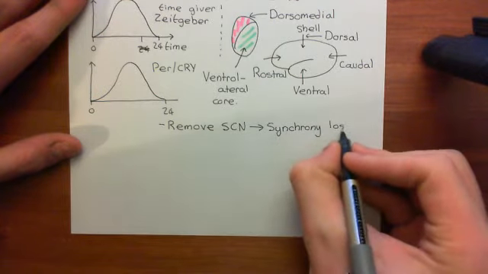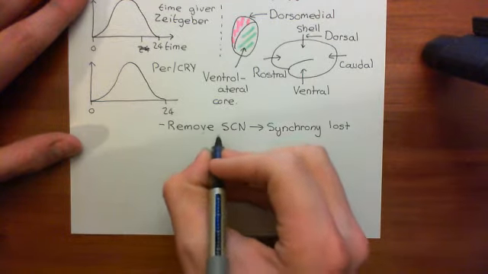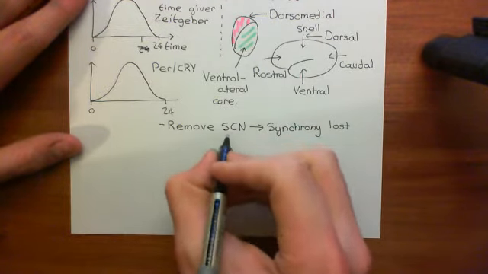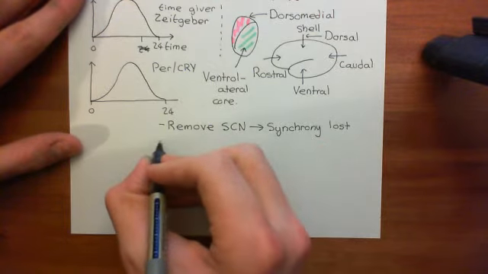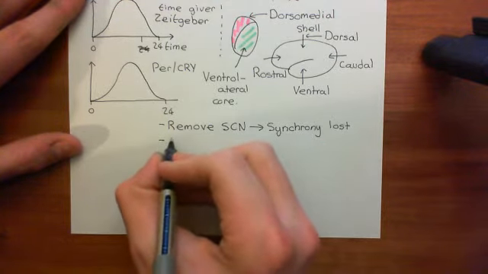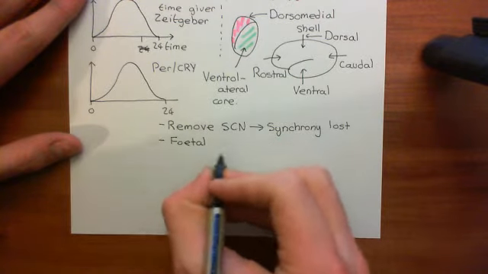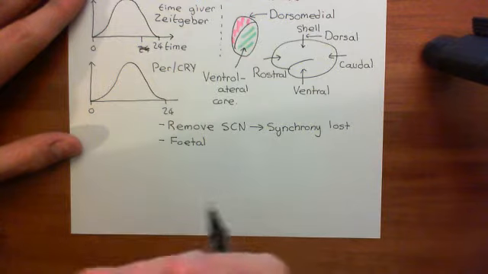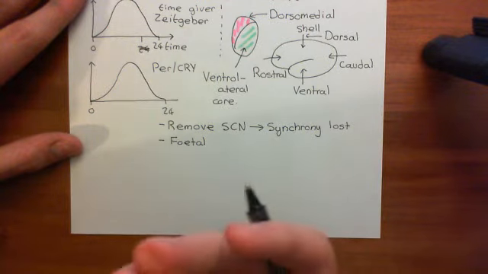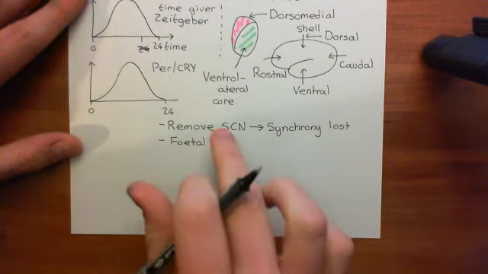Even better, if you transplant suprachiasmatic nuclei back into this poor animal that's had its suprachiasmatic nuclei removed, okay? If you put a transplant of fetal suprachiasmatic nuclei in, and you use fetal suprachiasmatic nuclei because that has a better chance of actually regenerating and integrating into the original animal's brain.